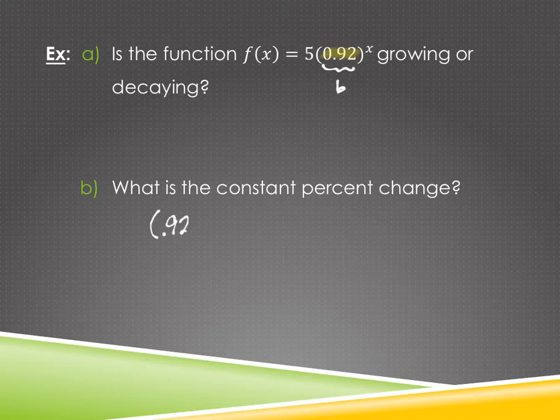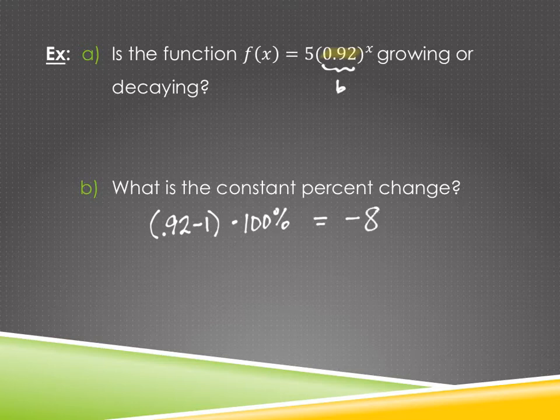We would take that 0.92, we would subtract 1, and we would multiply it by 100. What is 0.92 minus 1 times 100? Close?